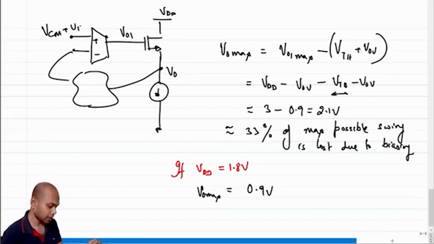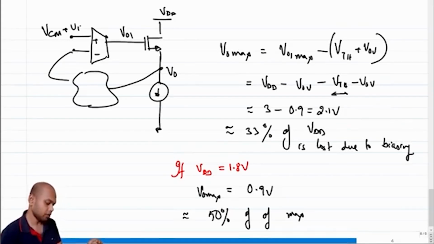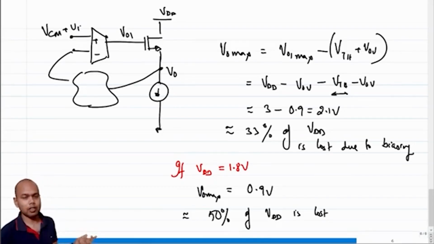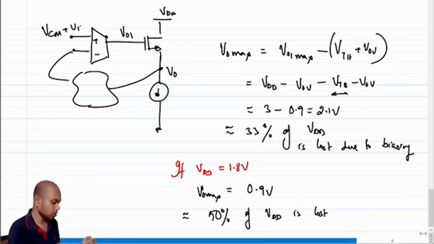So in the second case, how much? 50% of, or rather not max possible swing, 33% of VDD is lost due to biasing, and in the second case 50% of VDD is lost. And since your power is directly proportional to VDD, you can see that in the first case 33% of the power is lost just to keep this guy in saturation properly, right?